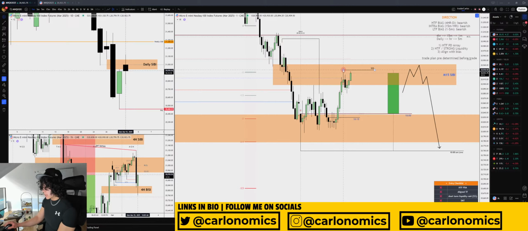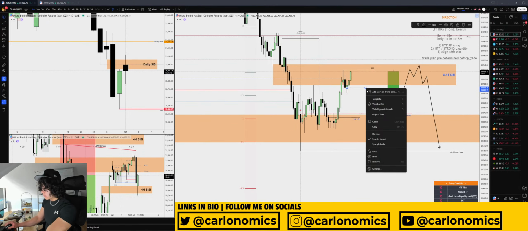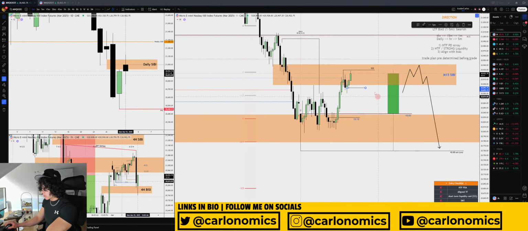Gonna see if we take out the swing high, so have that short-term liquidity raid, and then I'm gonna look for this 1-minute change in the state of delivery right here at this swing point low. So the trade is probably gonna look something like this if we get it.